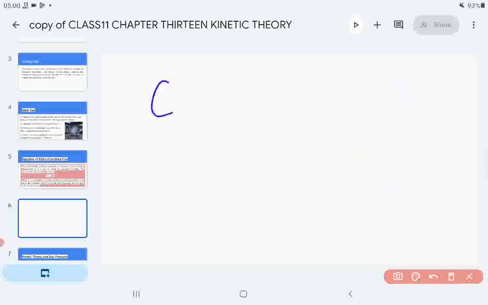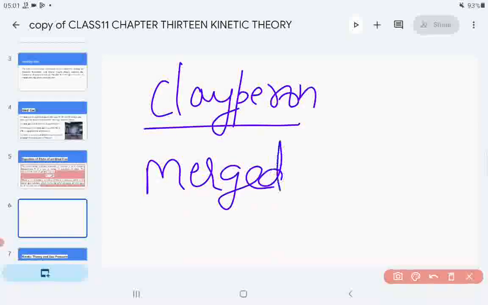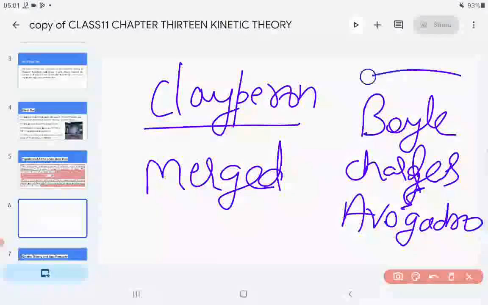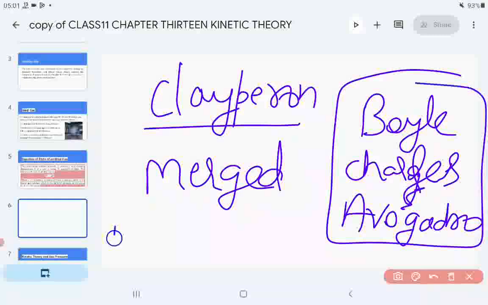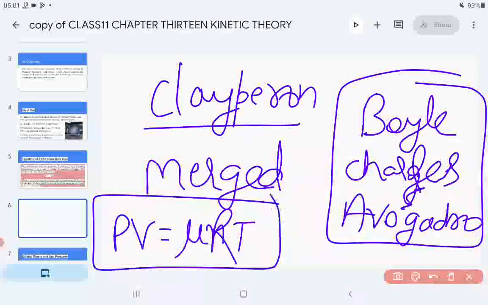Let me move ahead. Now there was one scientist called Clapeyron. He combined all these three: Boyle's law, Charles' law, and Avogadro's law, and he made a very famous equation called the ideal gas equation, which is given by PV equals mu RT.